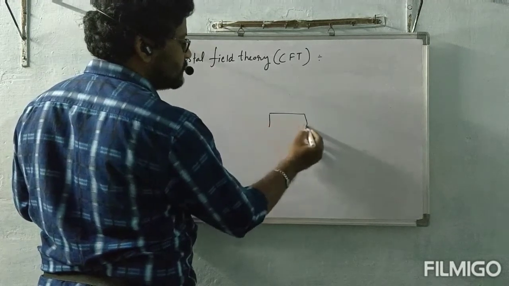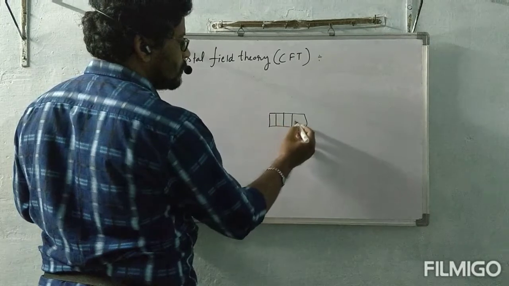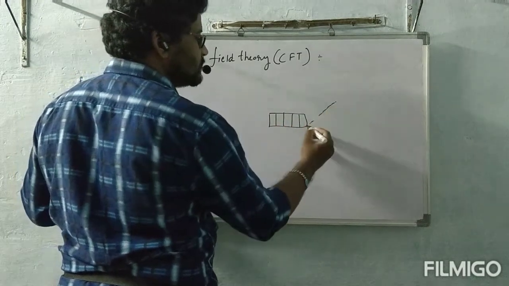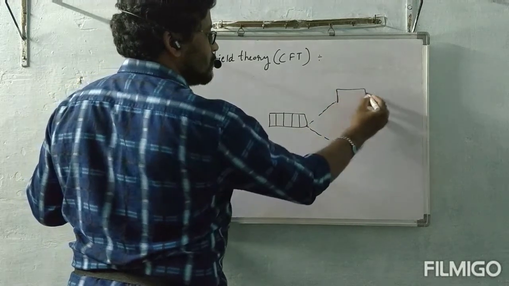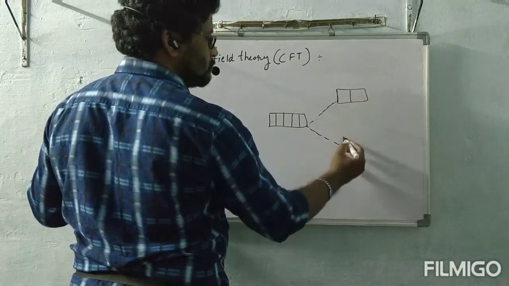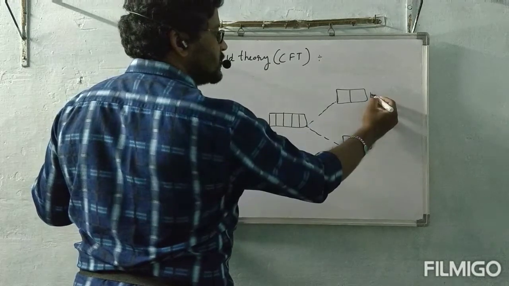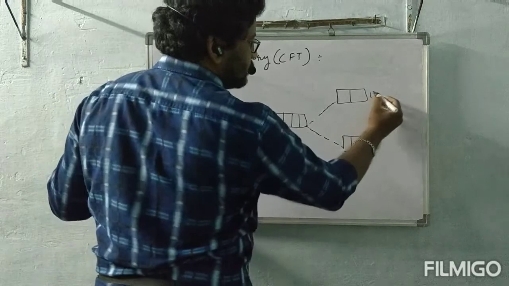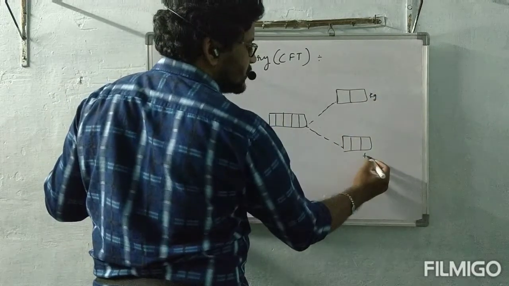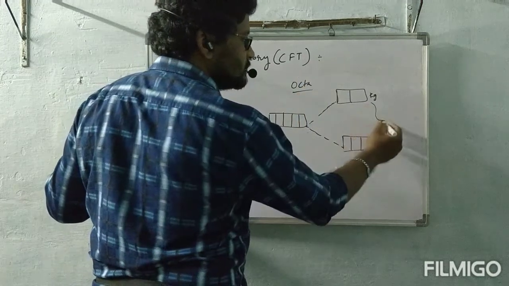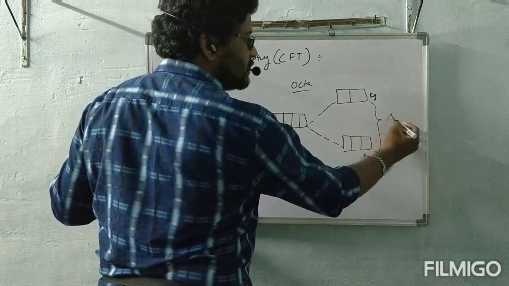Suppose we have 5 d orbitals. These 5 d orbitals are split into two sets. One is the eg set and another one is the t2g set. This is in an octahedral complex, and this splitting energy difference is called delta O.